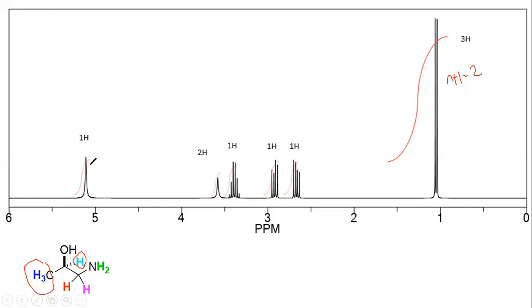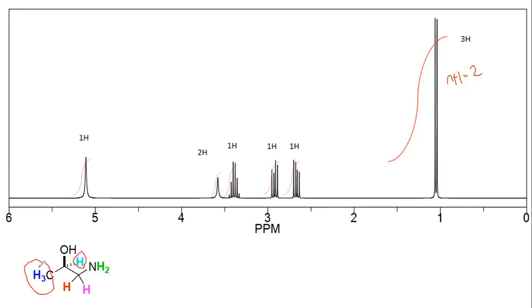Go ahead. I want to clarify. So when you have chirality, the adjacent hydrogens will always be different or non-equivalent. Yeah, if you have like a CH2 that's adjacent to that chiral center, then yes. Here, it won't matter. You can't make a diastereomer over here because you're going to have 3 hydrogens that are equivalent. But here, if you swapped out either one of these with a different atom, you get a diastereomer. Right, because if you change this hydrogen to another atom, this becomes a chiral center also.